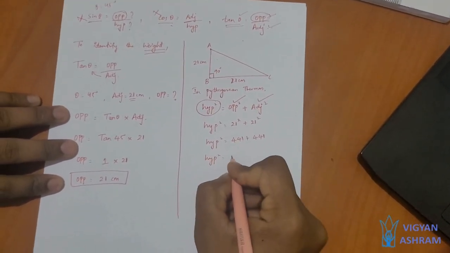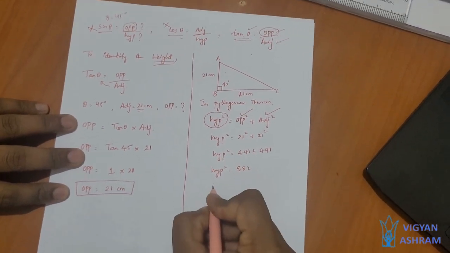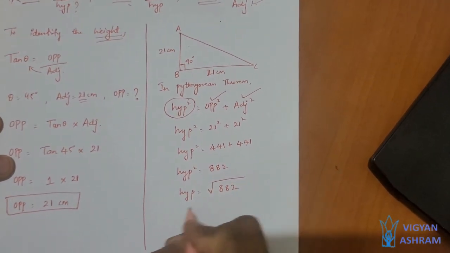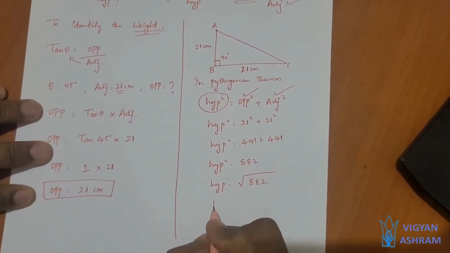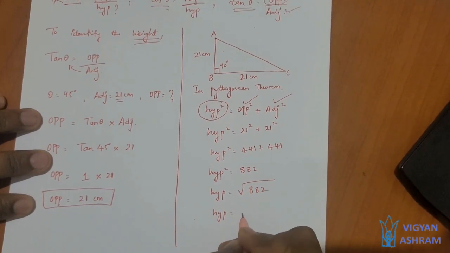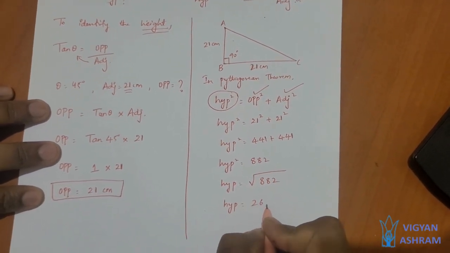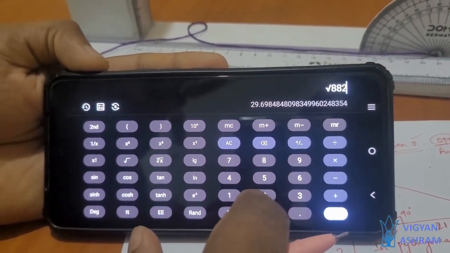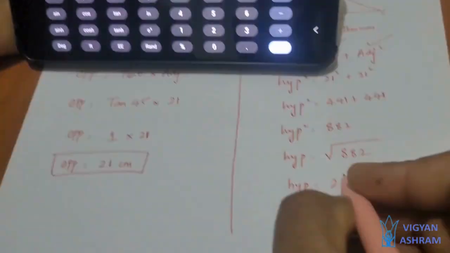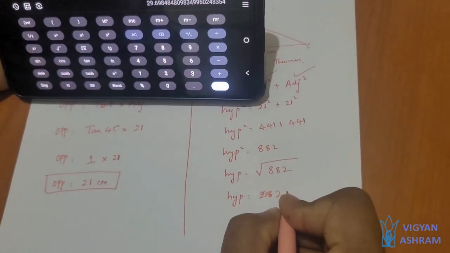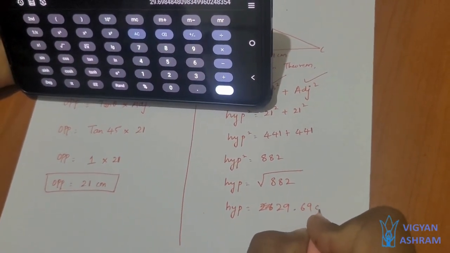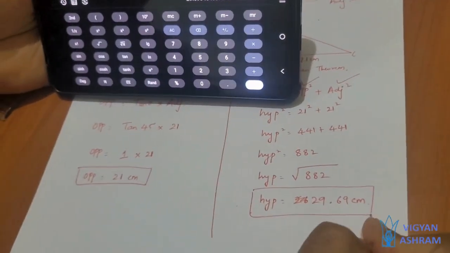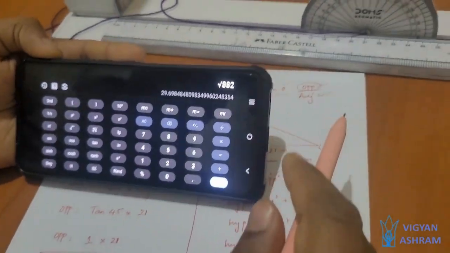Hypotenuse square is equal to 882, and hypotenuse is equal to square root of 882, which is 29.69 centimeter. So now let's check whether this theoretical calculation is the same in a practical way.